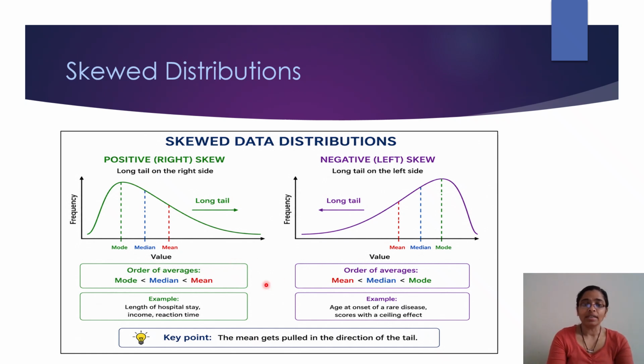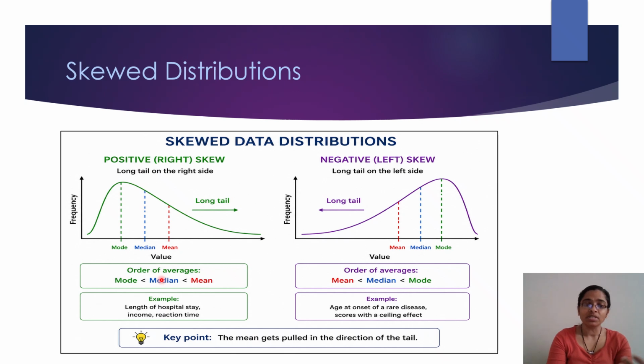This is again a common exam concept. In positively skewed data, the order of averages is mode less than median less than mean. While in negatively skewed data, the order of averages is mean less than median less than mode.